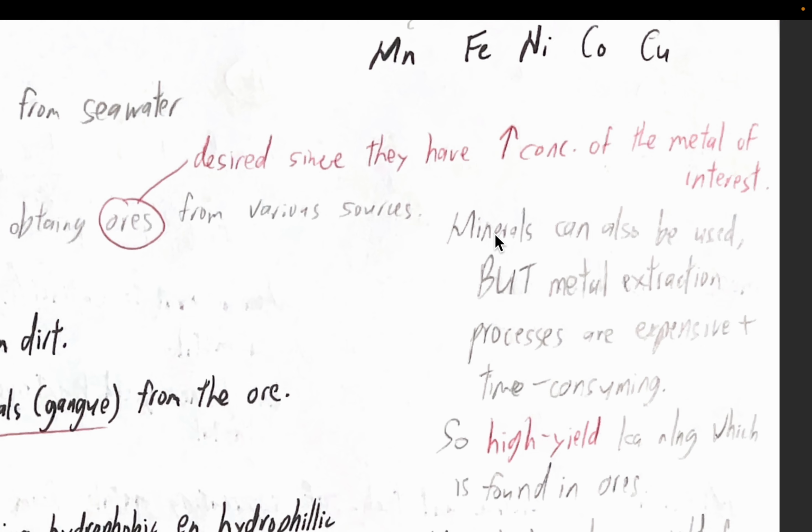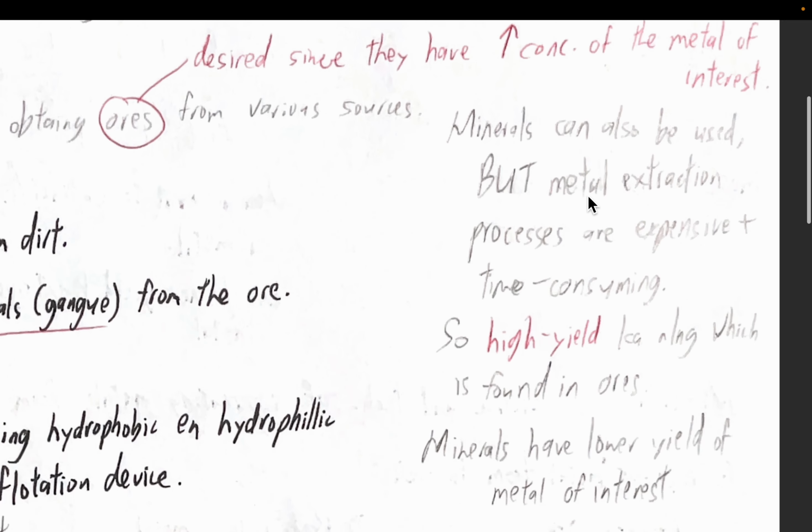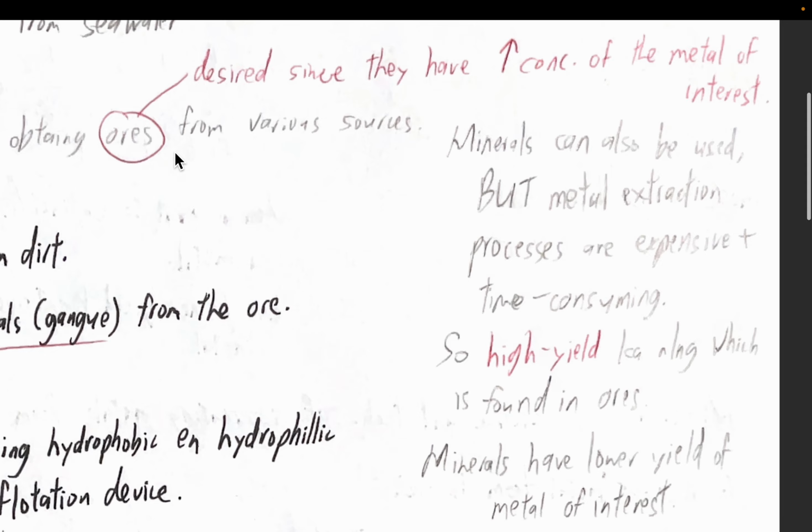Since ores have a higher concentration of the metal of interest in comparison to mineral counterparts, minerals also contain concentrations of desired metals, but you have to know that metal extraction processes are expensive and at the same time they're time consuming. It doesn't take a short while to carry out these processes successfully. So in consideration of those factors, you prefer using ores instead.